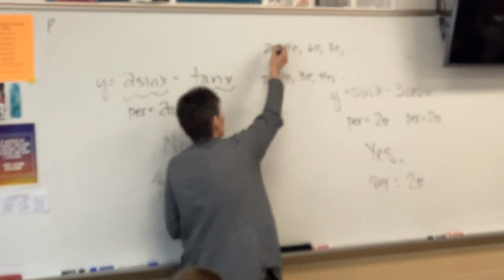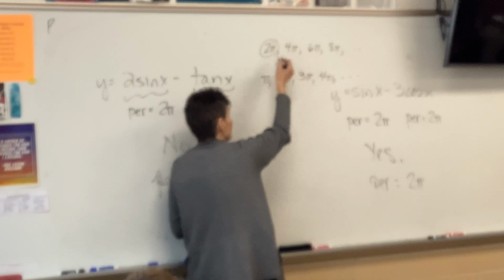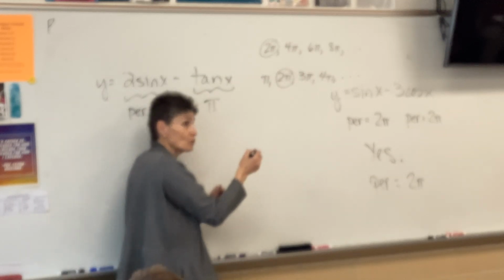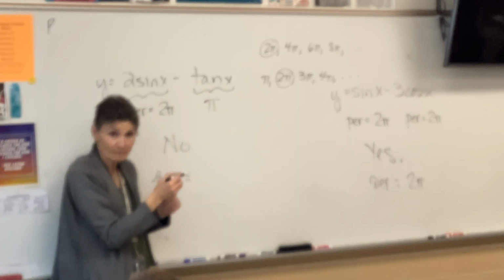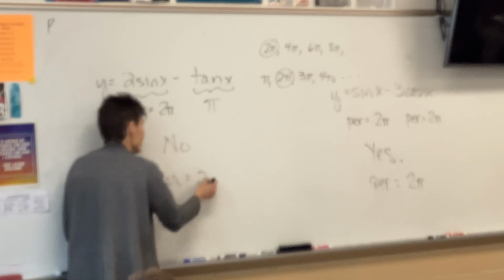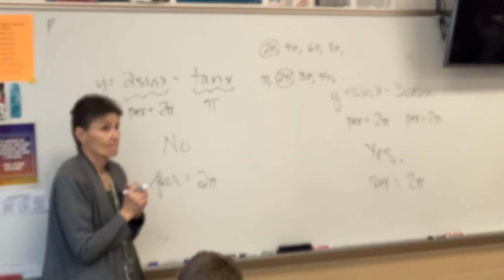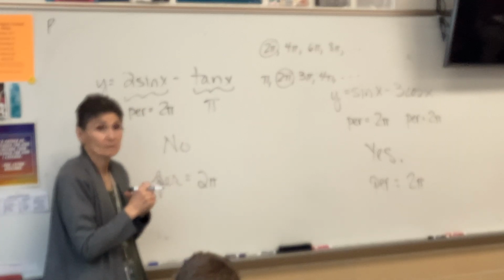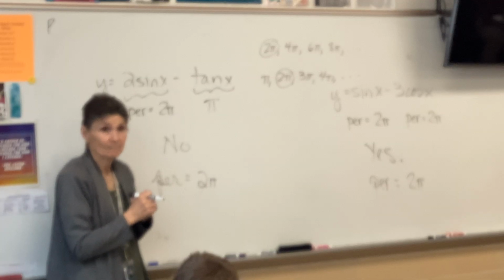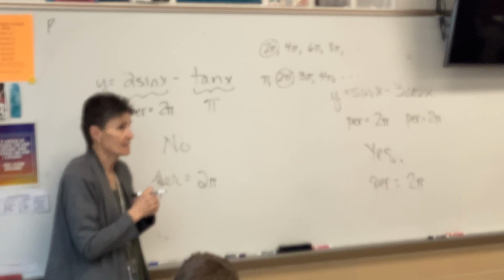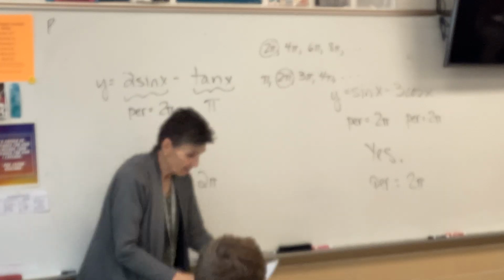So this one starts over again at 2 pi, and this one also starts over again at 2 pi. So the period of this is 2 pi. That's where they both start over again. See, I told you it was easy. It's really easy. Okay, C.